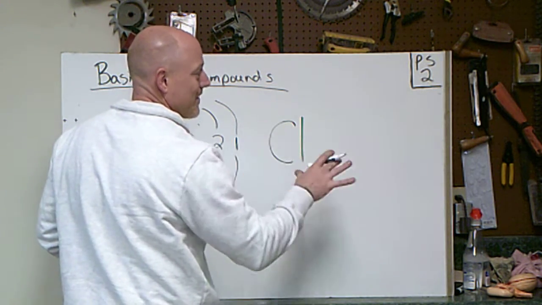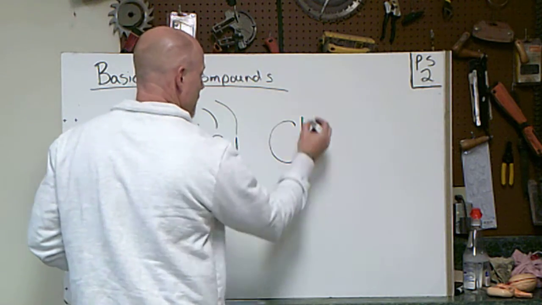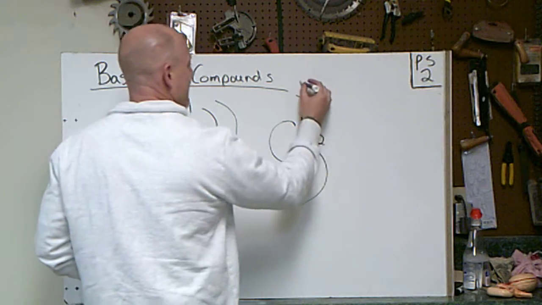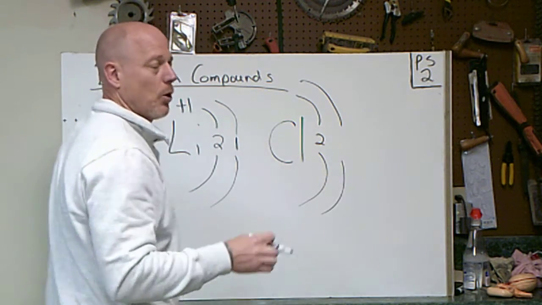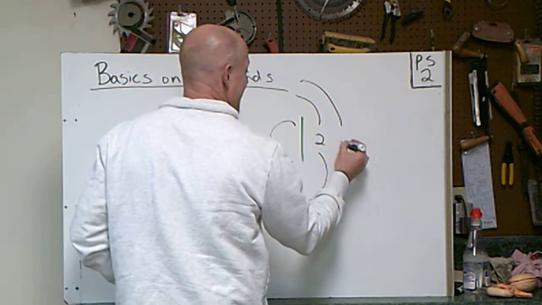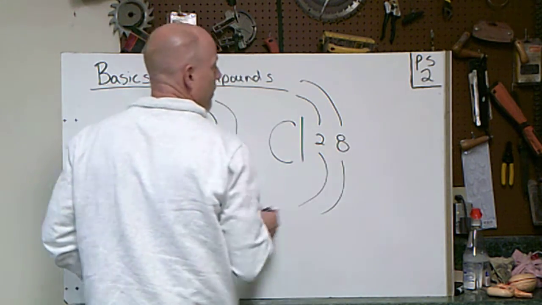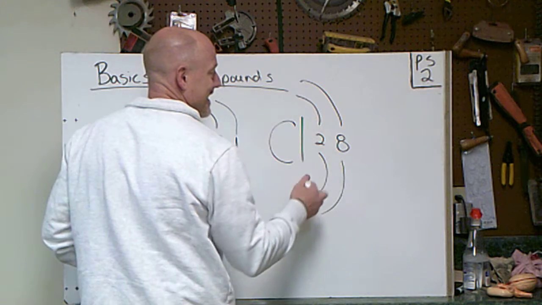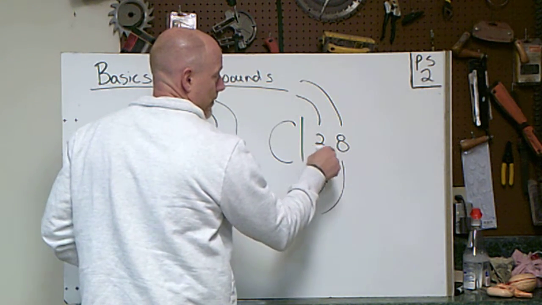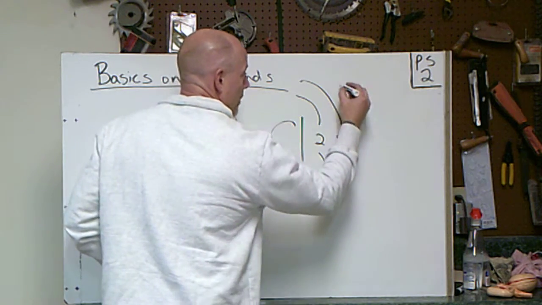Now, chlorine comes around, and chlorine is 17. All right, it has 17 electrons. So the first shell, it fills it up with 2. But then the next shell, which in chemistry holds 8, and the next shell also holds 8, it's going to fill those up with 8 more. Remember, it has 17. So far, we have a total of 10. Okay, but it also has another shell.